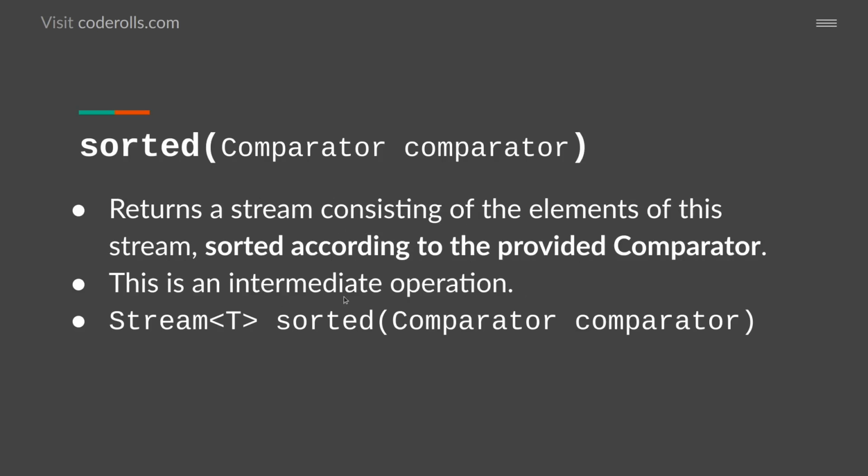This is an intermediate operation, that means it will always return a stream. And this is the method signature. So let's see examples related to the sorted method which accepts a parameter.